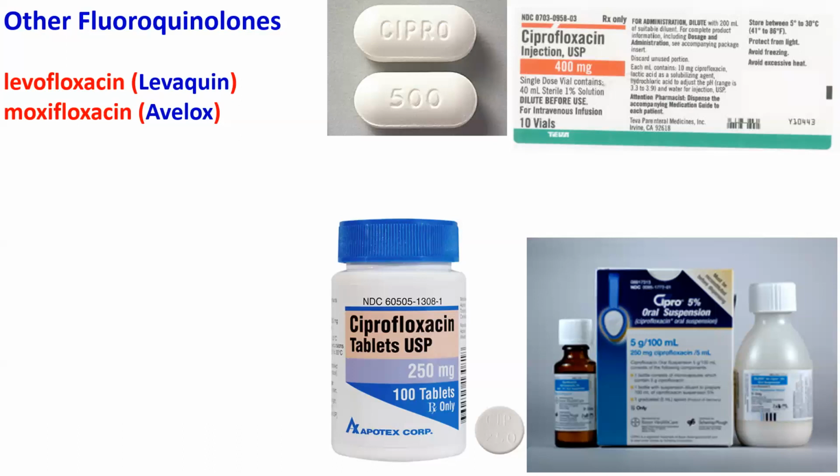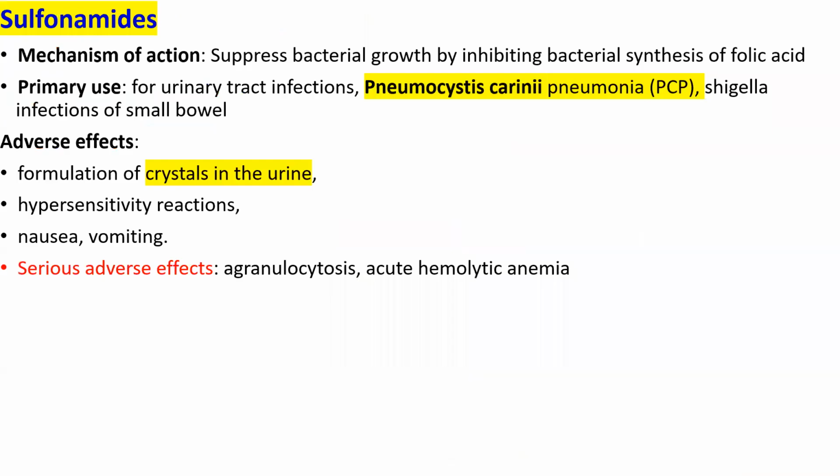We have two other fluoroquinolones, levofloxacin and moxifloxacin, Levaquin and Avelox. We have about four other types of fluoroquinolones, but they are not widely prescribed; these two are the most widely prescribed medications from this group.